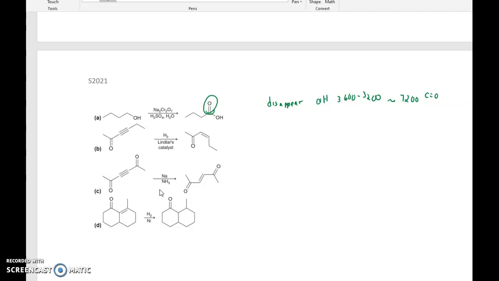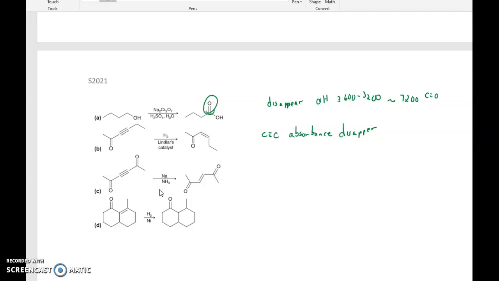Okay. B, we'll have a triple bond absorbance that will disappear. And the product will absorb at, well, we'll continue to have that. I'm not sure why I've got that.